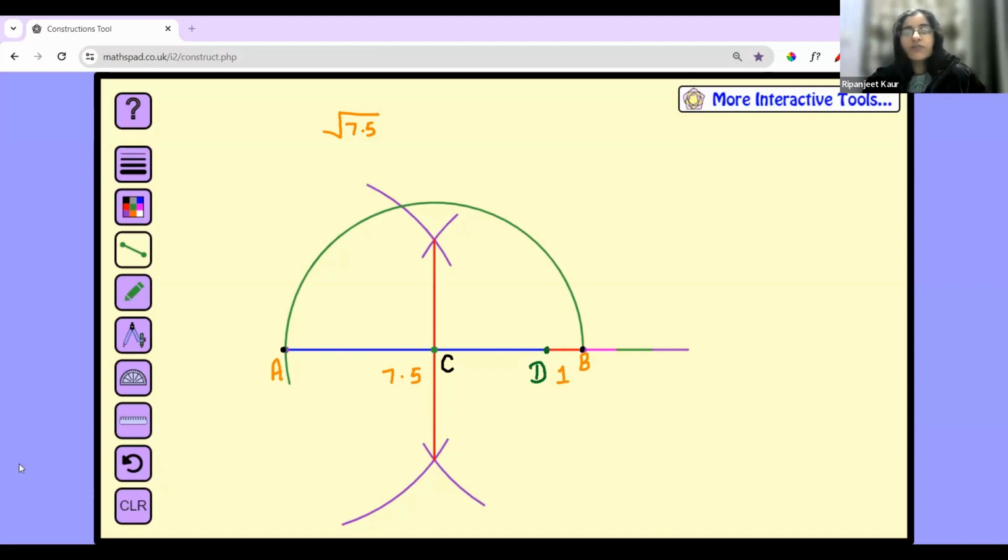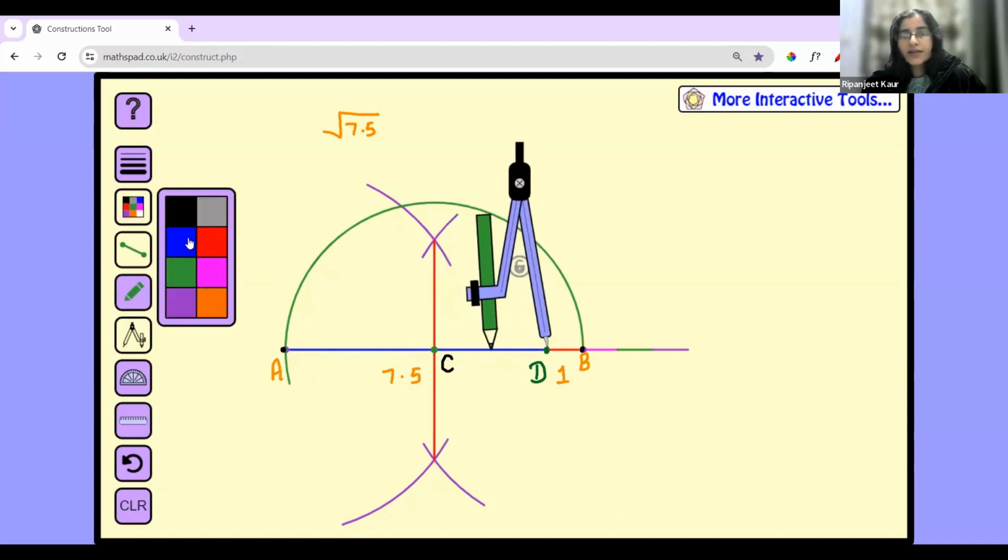For that, we will need our compass. Here is the compass, and let us set it at point B. At D, we are going to make a perpendicular, right? So let us make a perpendicular at point D. Now set your compass and pencil ready.